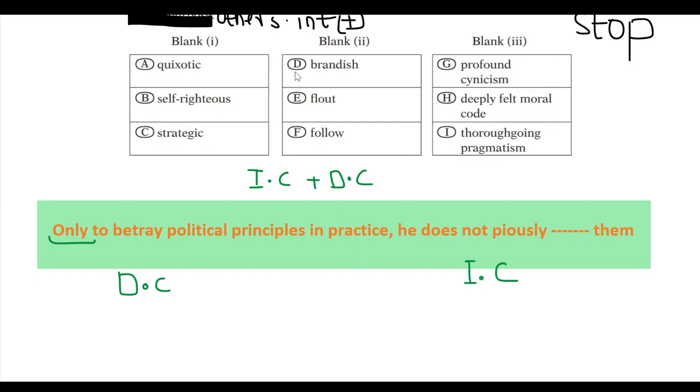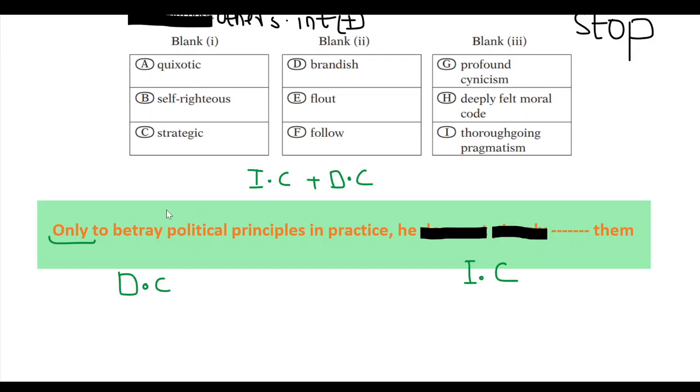Let's play with it so that you can know what ETS is really doing here. Let me rub this part and this part and see how the logic of this sentence really works. Betray basically means to show, so: only to show political principles in practice, he dashed them. Now I'm using contextual analysis.